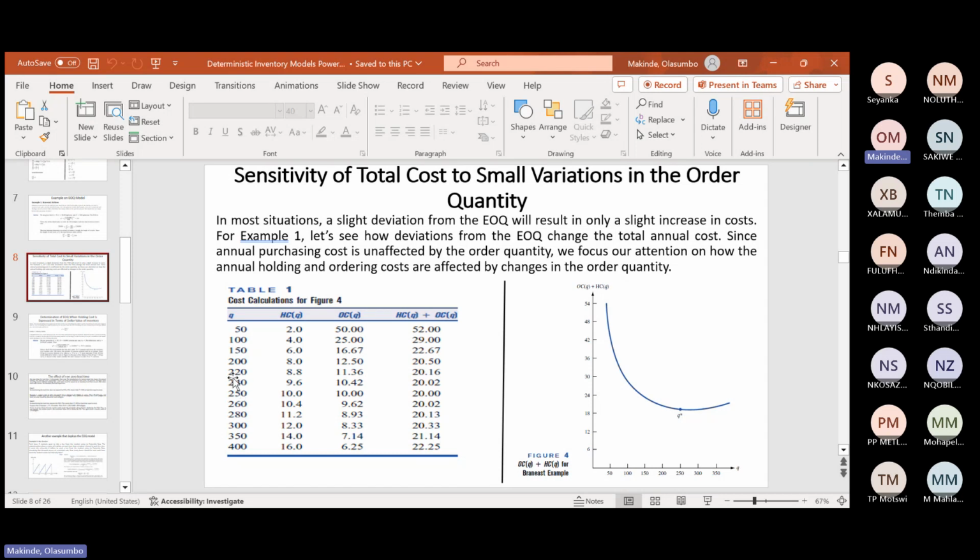If I subtract the total cost of 20.16 from the total cost of 20.00, you can see by how much that is.